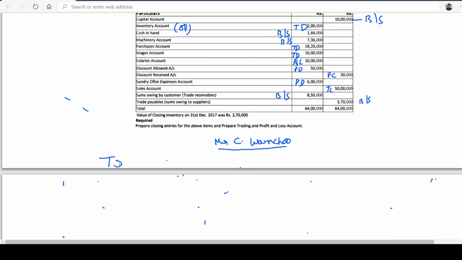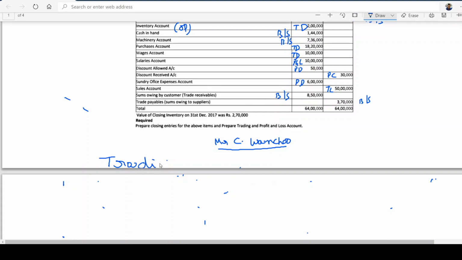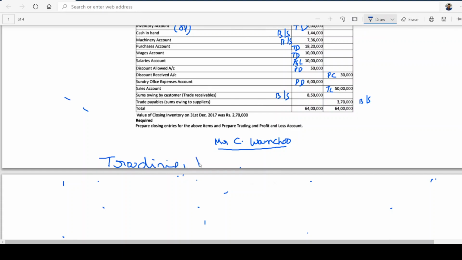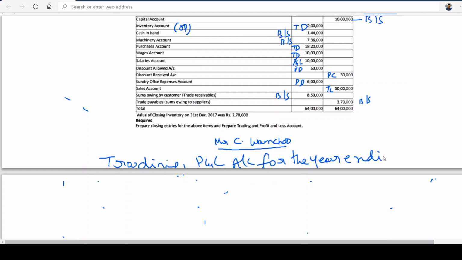When you are writing the heading, we can write trading, comma, profit and loss account, for the year ending 31st March 2017.